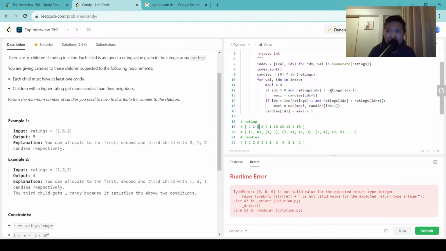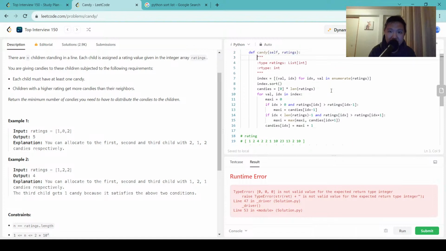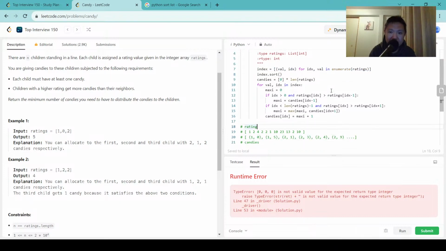So the way this works is that because of this sort over here, any child whose rating is higher than yours will be processed later than you. So this would have rating 0, candy 0, and this would have candies 1, and you must be candies 2. Okay, in the third case, take this guy. This guy is processed like here, 2, 9, and I think the next one should be 4, 3.